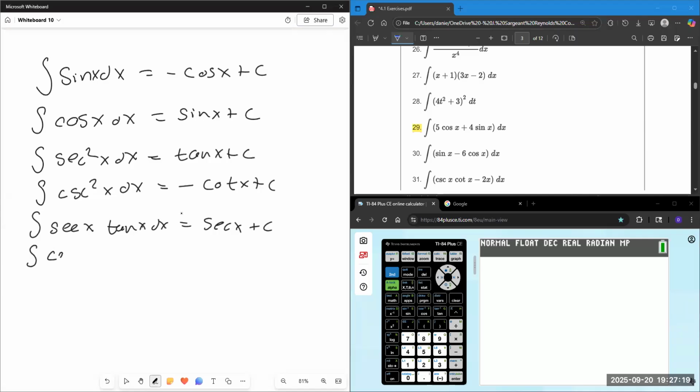And the integral of cosecant x cotangent x dx is a negative cosecant x plus c. Make sure you've memorized all of those so you can use them. We're going to use the first couple right here in number 29 right now.